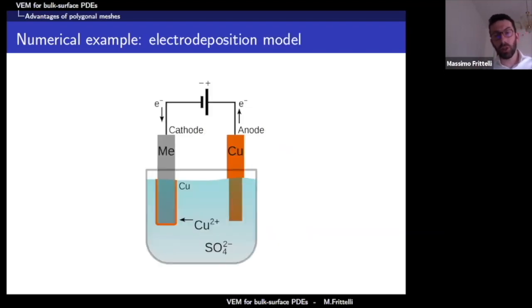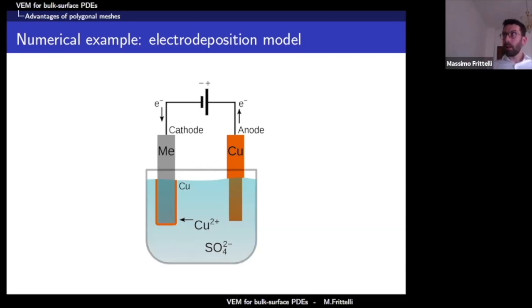And let me finally show an application of bulk surface PDEs to electrochemistry. So we have a battery, an electrolytic cell, and as probably most of you know, one of the two electrodes grows due to metal ions accumulating onto it. What one would expect is that if the electrode is smooth, it's going to grow smoothly and uniformly over time.